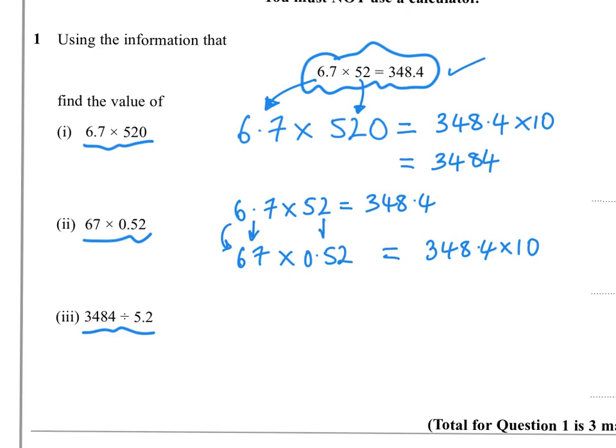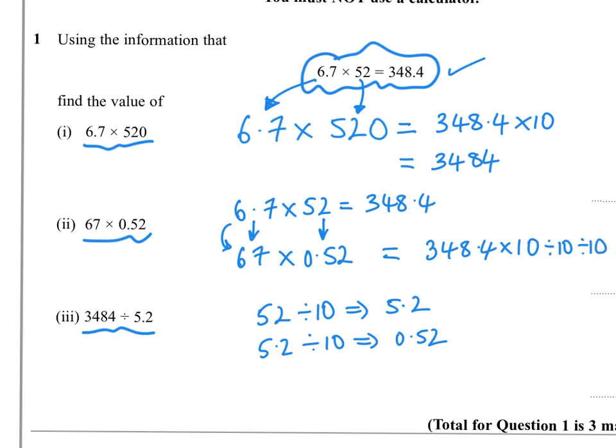But then the 52 has actually got smaller. So 52 divided by 10 would be 5.2, and then 5.2 divided by 10 again would be 0.52. So we'd actually have to divide by 10 and then divide by 10 again, because we did that twice.